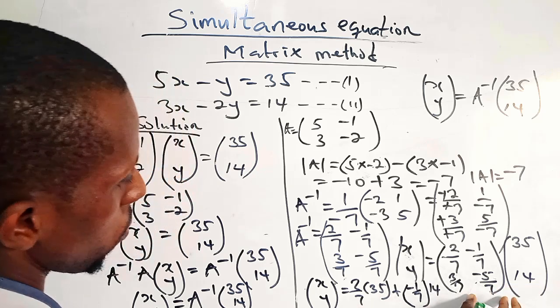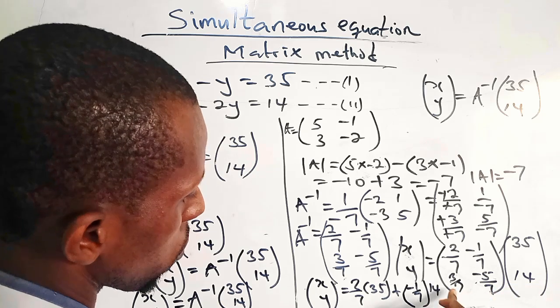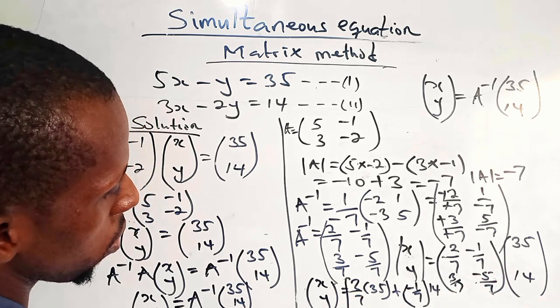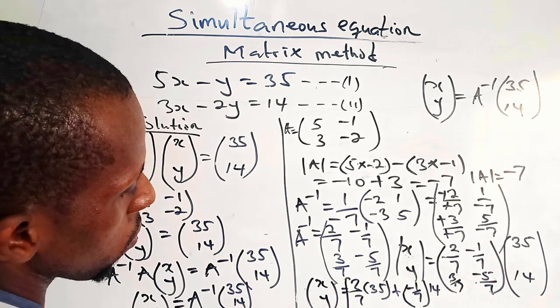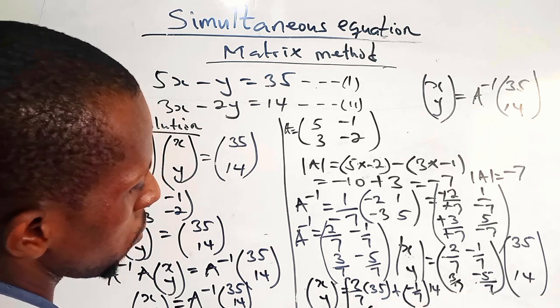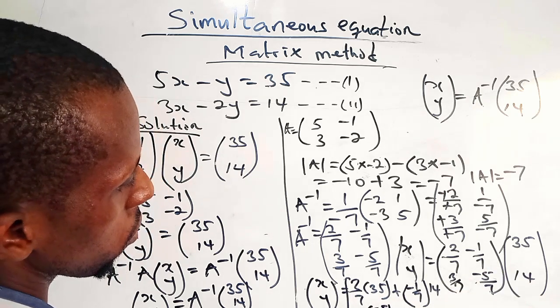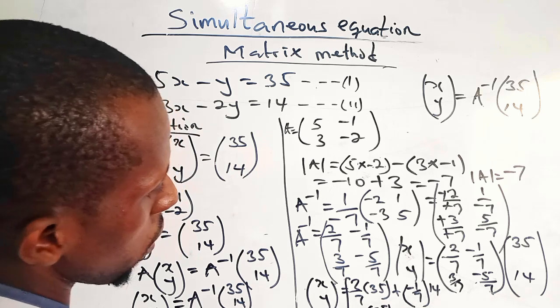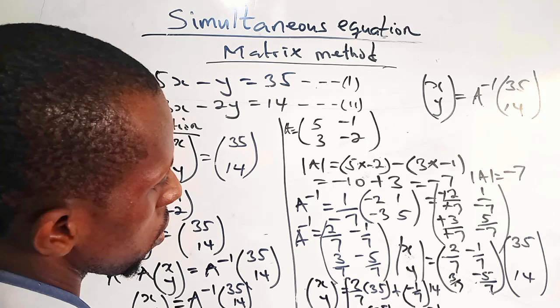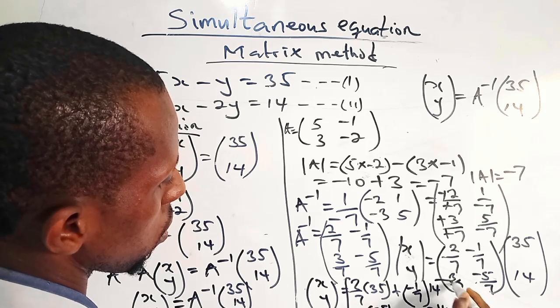So look at the down row. When you take this one and multiply it with this, don't forget, we have 3 over 7 times 35, plus when you multiply this with this, we have -5 over 7 times 14.